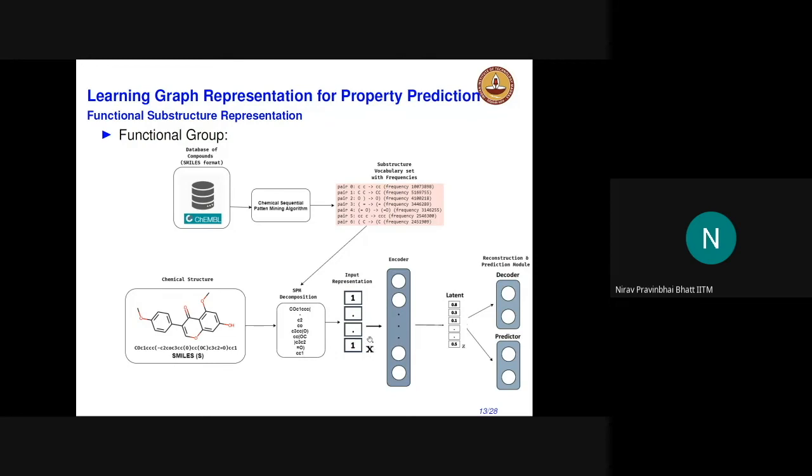Then I will take this representation and use an encoder-decoder, an autoencoder, to learn the representation. You can think of an autoencoder as basically a function where x is equal to f of x. Now someone may say, if x is equal to f of x, what do you learn?